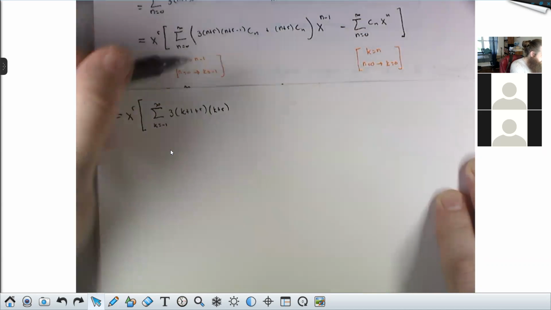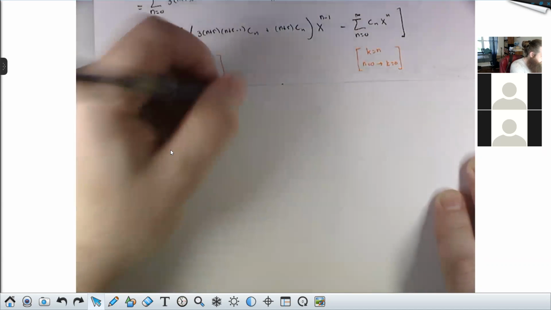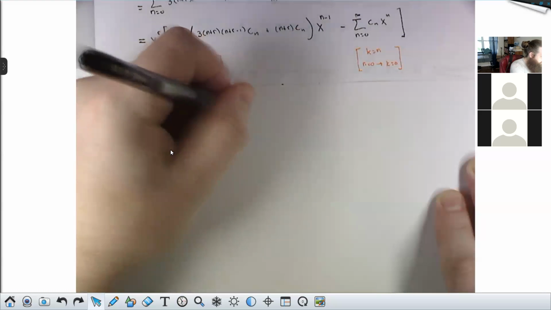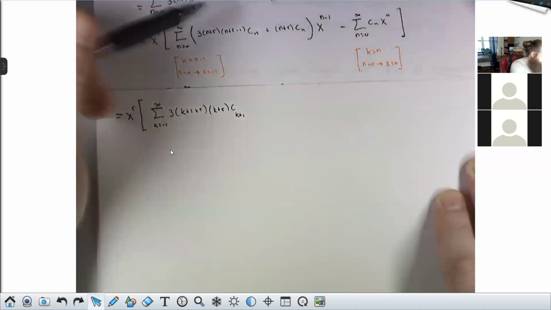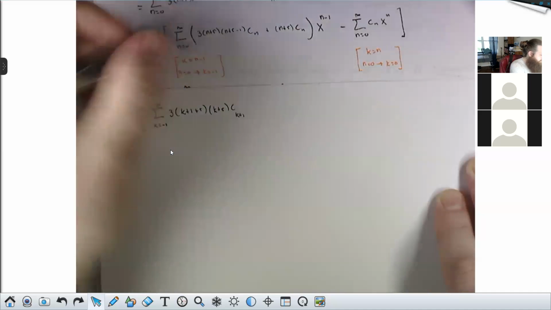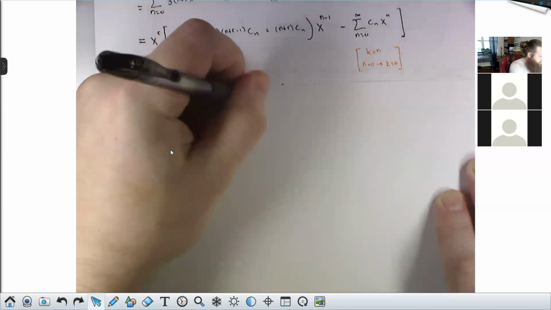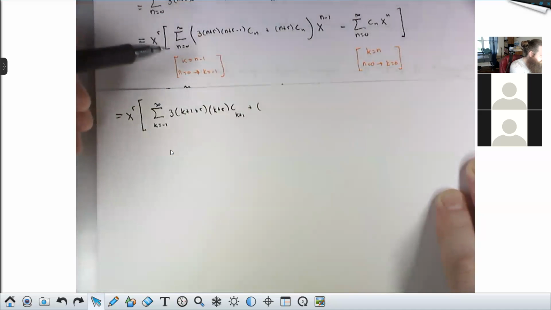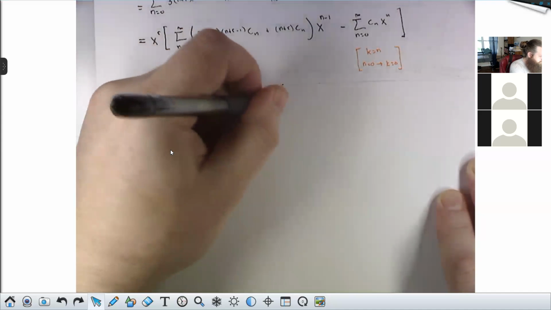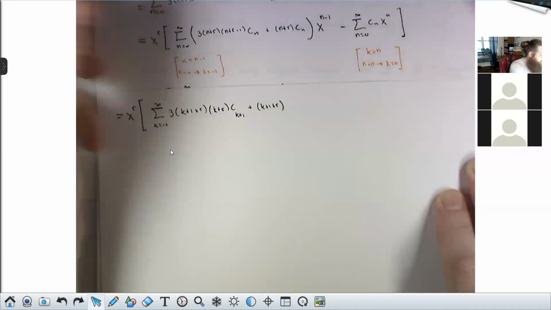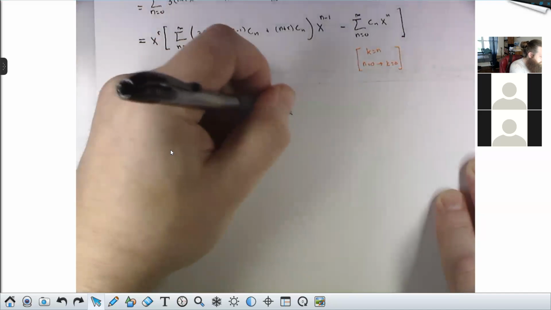Cn is going to be ck plus 1. And then here, plus n plus r, again, is k plus 1 plus r, and Cn is ck plus 1.